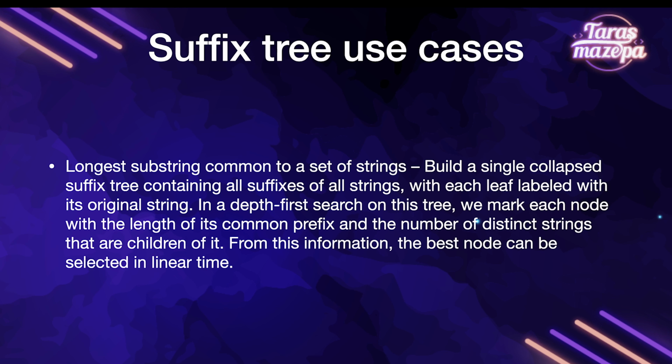Build a single collapsed suffix tree containing all suffixes of all strings, with each leaf labeled with its original string. In a depth-first search on this tree, we mark each node with the length of its common prefix and the number of distinct strings that are children of it. From this information, the best node can be selected in linear time.